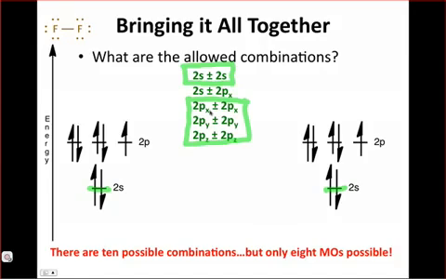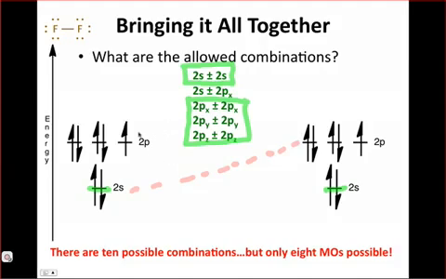Hopefully what you've noticed by now is that it's the combination between the 2 orbitals of different energy that we throw out. So the 2s plus the 2px and the 2s minus the 2px. Both of those combinations involve orbitals of substantially different energy, and so those will be disfavored combinations relative to the ones in which the orbitals are equal in energy.